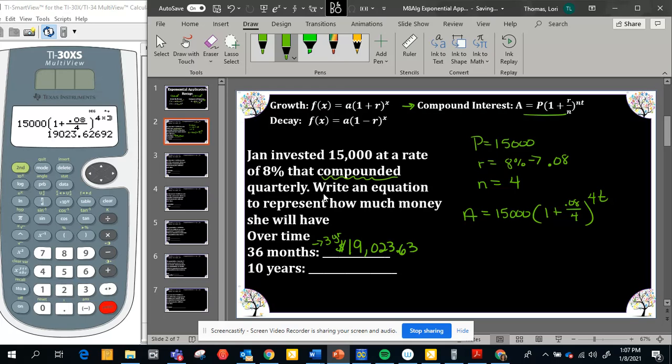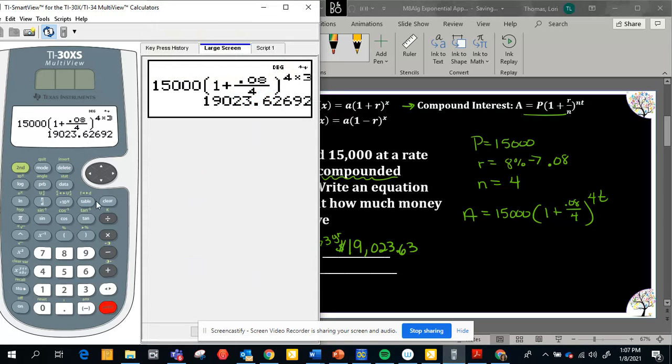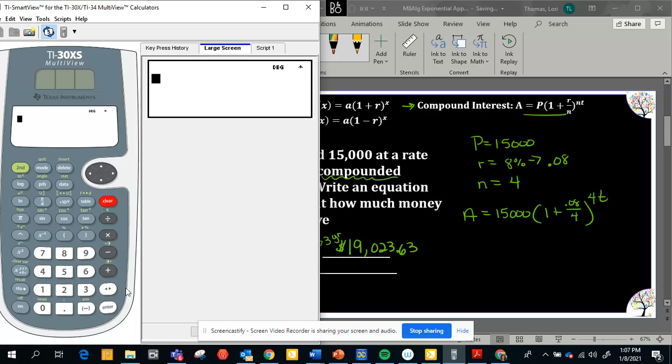Now let's do it again, but this time we're going to plug in 10 years. So I'm just going to clear this, and we're going to do 15,000 times, again, 1 plus N over D. We have 0.08. We're going to arrow down.